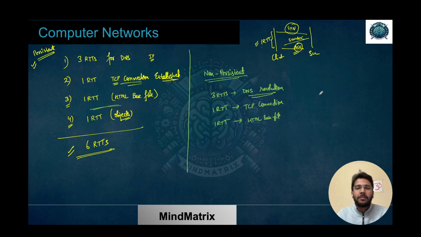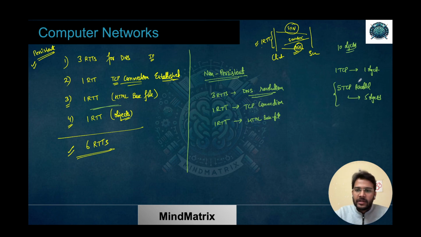That means at a time a maximum of 5 objects can be transferred over 5 TCP connections. Correct? One TCP connection can have at most 1 object, so if you have 5 parallel TCP connections, that means 5 objects can be transferred, one over each parallel connection, right? And we have a total of 10 objects.